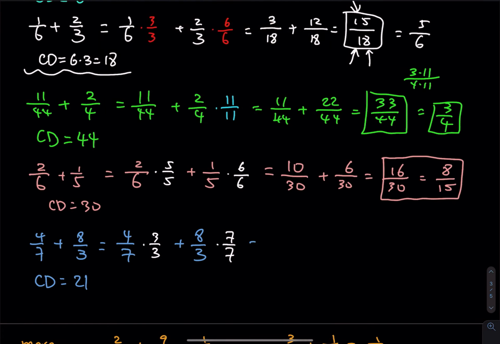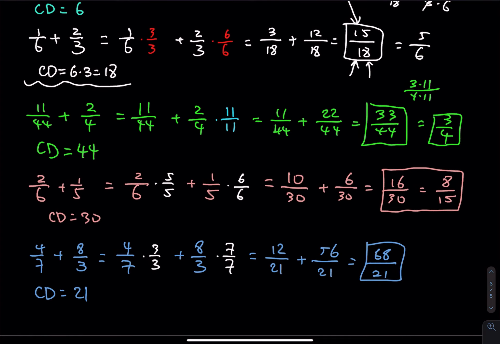And then 4 times 3 is 12, 7 times 3 is 21, 8 times 7 is 56, 3 times 7 is 21, and then 12 plus 56, you have 68 divided by 21. This one cannot be reduced. So 68 over 21 is your final answer.